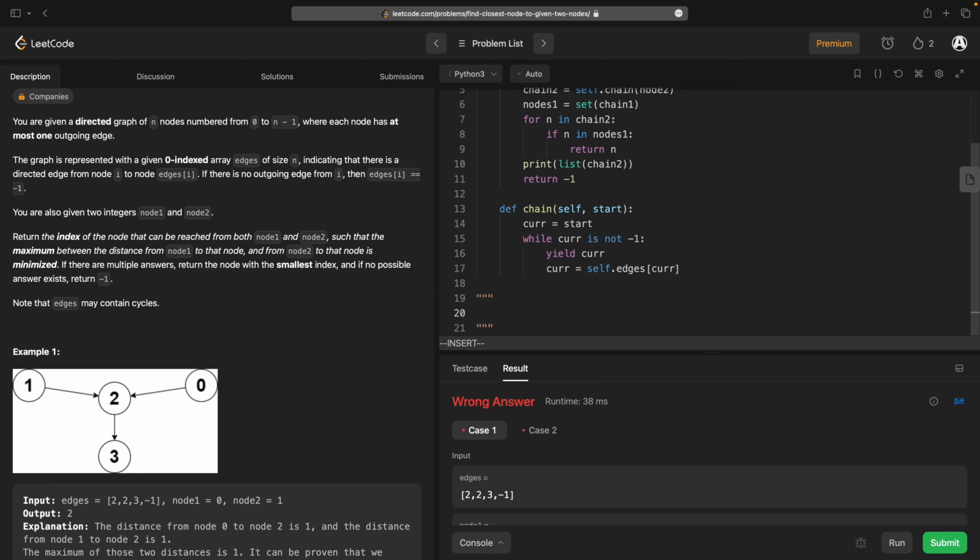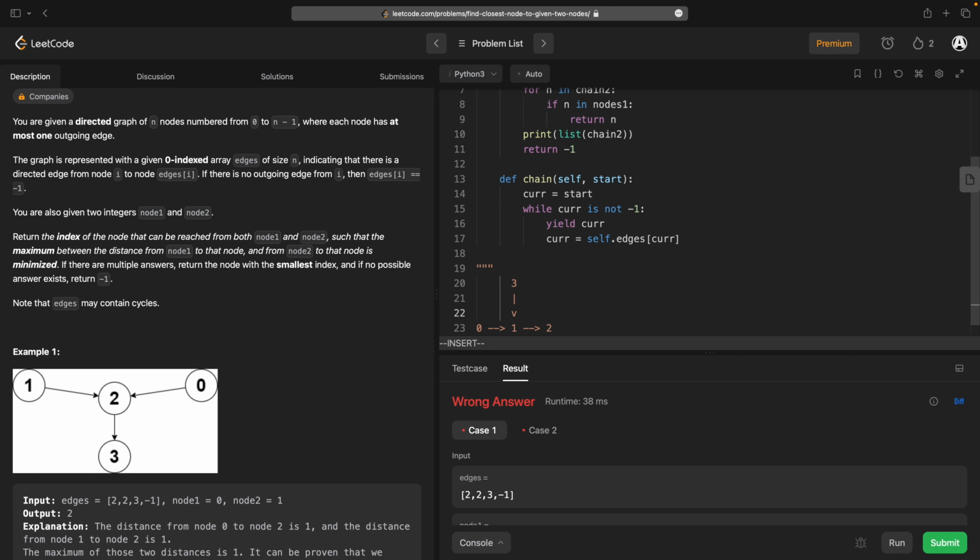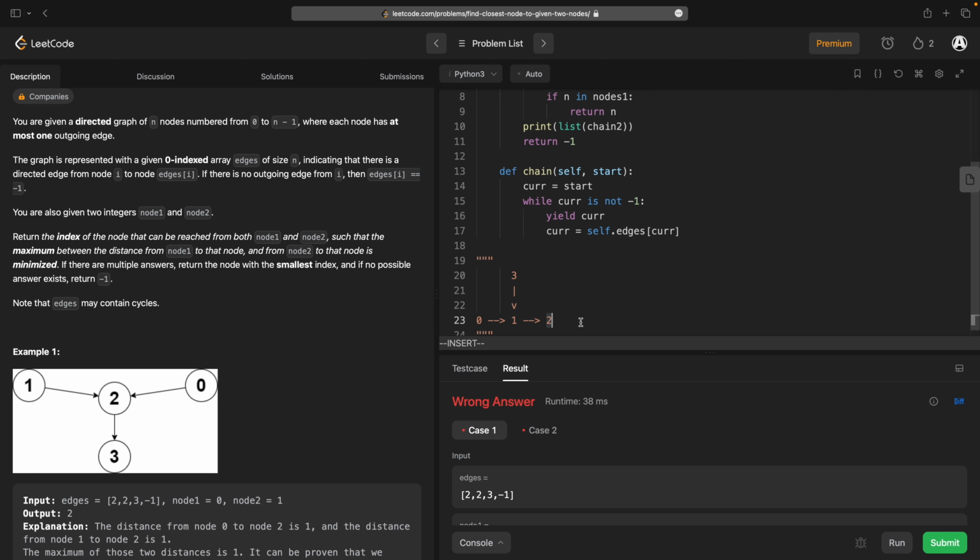So if we had 0, 1, 2, but we also had 3 pointing into the 1. No, what do I want here?